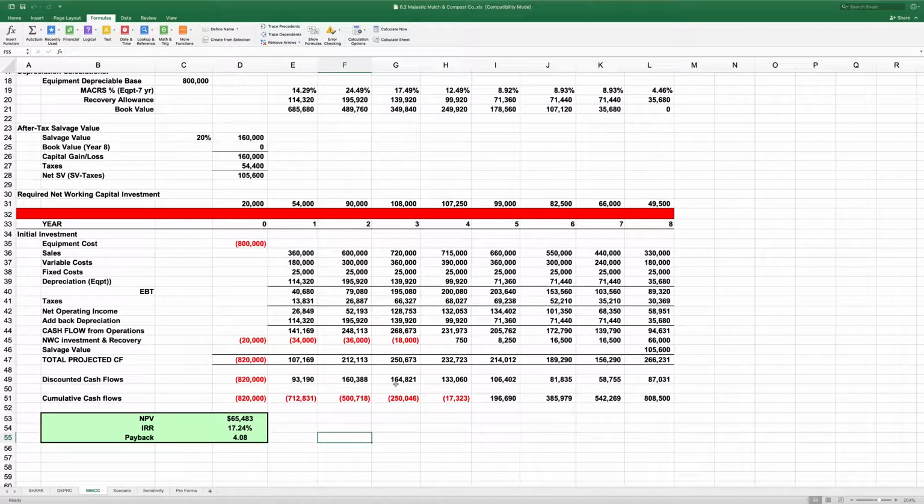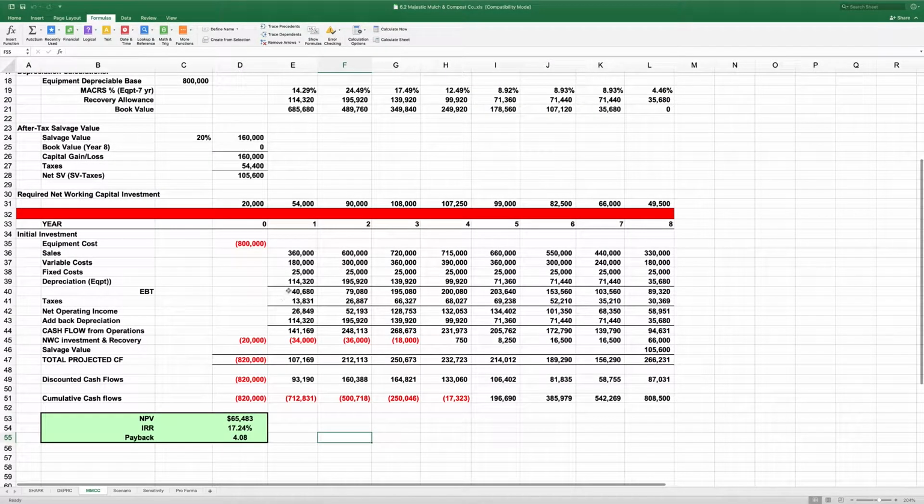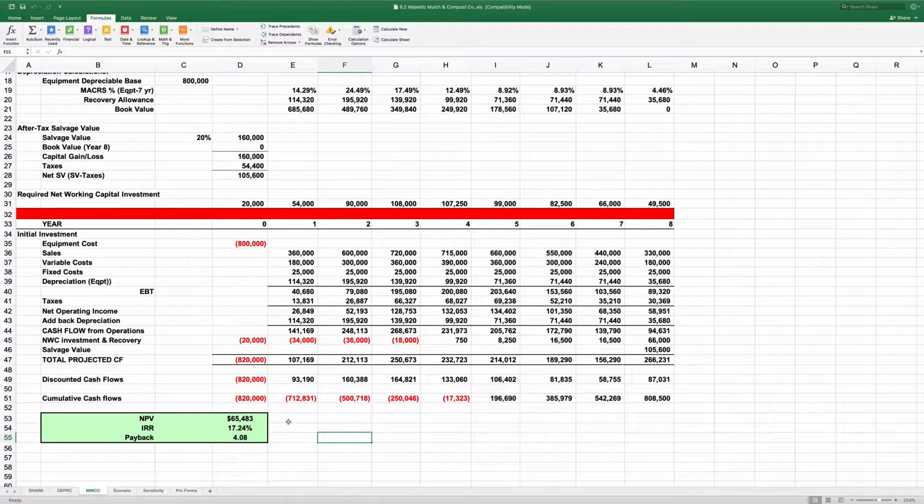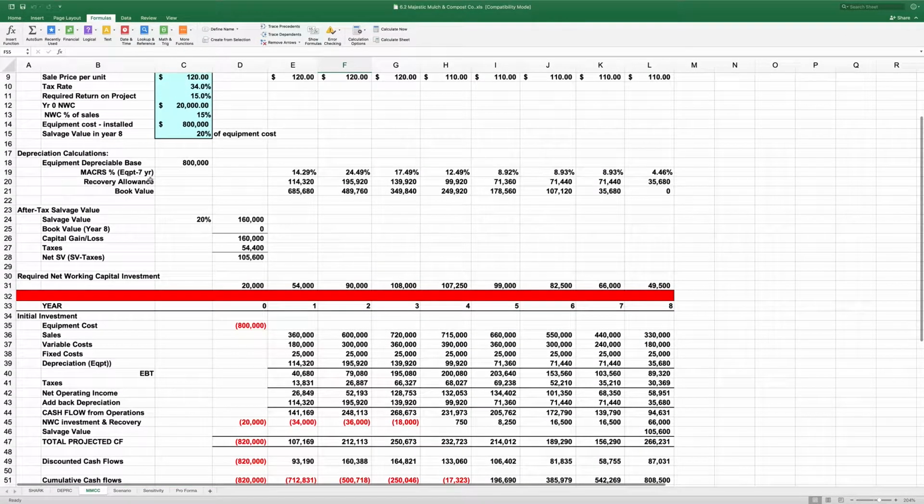Since net present value is positive, we are saying yes to this project. Now, the IRR is 17.24%, which is higher than 15%.